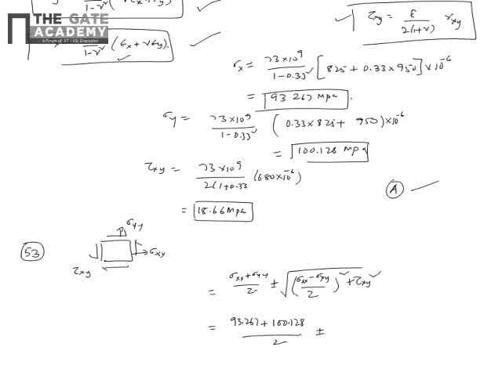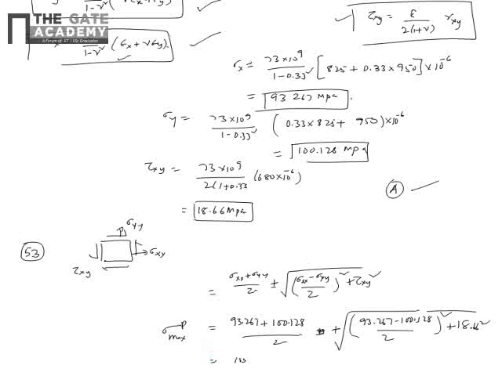Let's take the plus for maximum, and then (93.267 minus 100.128) by 2, whole square, so a bit of maths, plus 18.66 whole square.